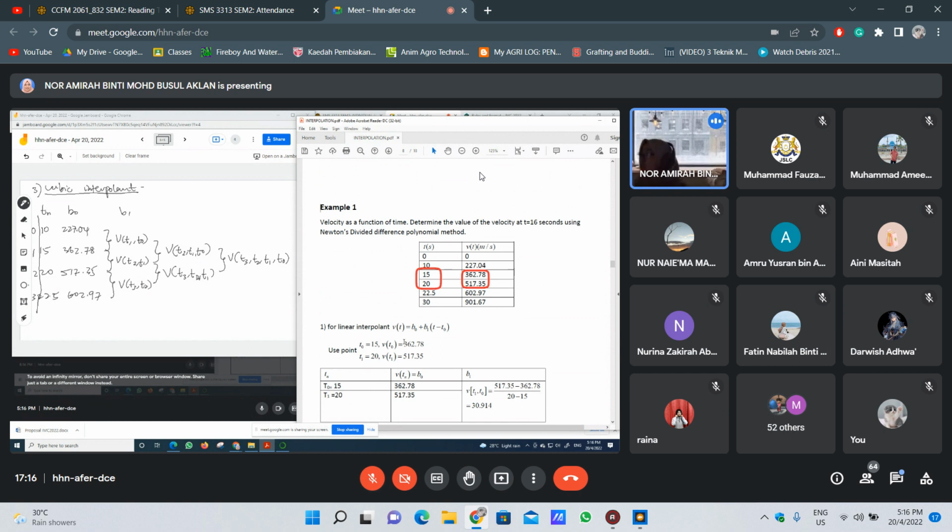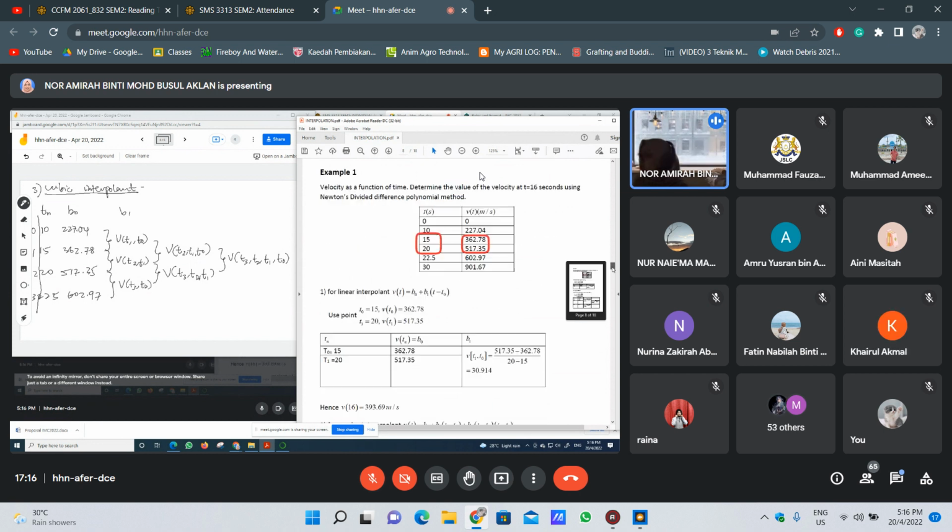Faham tak apa dia ni sebenarnya? Actually, you are going to find the derivative of this. You are given at time, so you try to find the velocity. Velocity daripada function adalah derivative dia lah. So, semua yang awak kira ni adalah nak cari velocity at t equals to 16. Cuma, linear interpolant ni not so accurate.